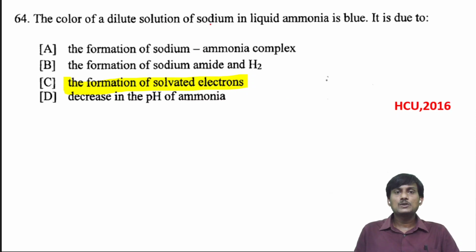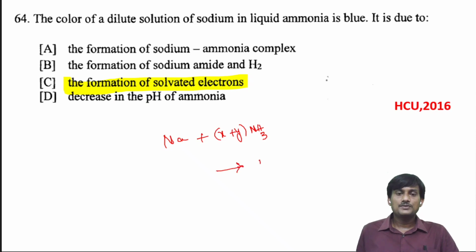The color of a dilute solution of sodium in liquid ammonia is blue. It is due to sodium when you dissolve it in liquid ammonia. Let's take Na plus x NH3 plus y NH3.